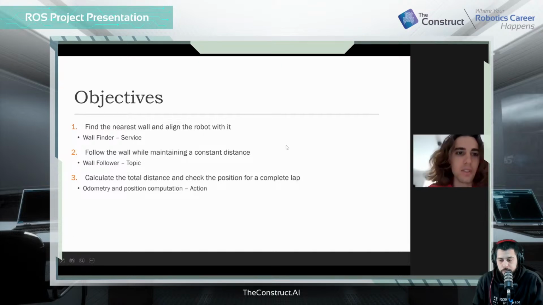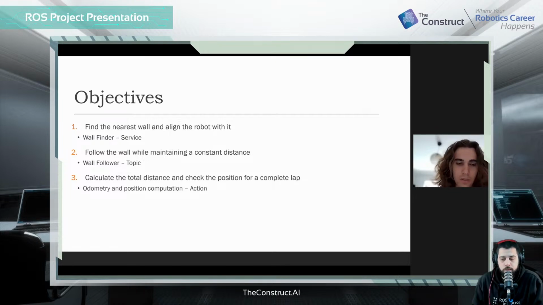The three main objectives were to find the nearest wall and align the robot with it, which I've done by using a service. The second objective is to follow the wall while maintaining a constant distance. This was done by using a topic.